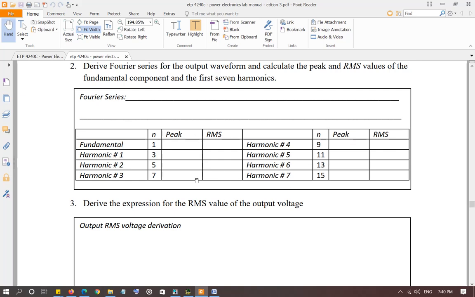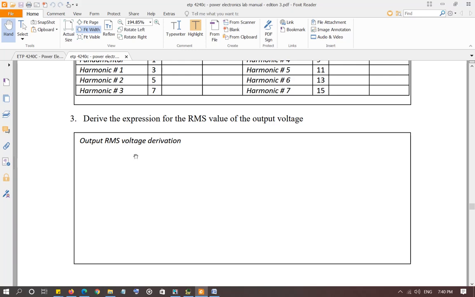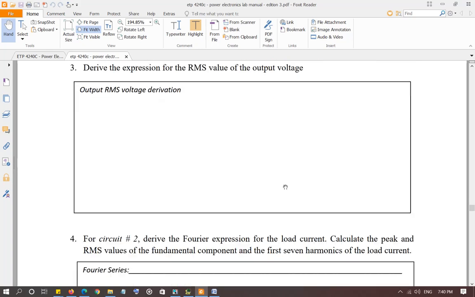Of course, since there are only odd components present in the Fourier series, the first harmonic corresponds to when n is equal to 3, and then 5, 7, and so on. And then derive the expression for the RMS voltage. Here again, if you would be doing it in the class, then you would have to show it here. Now this will be part of your lab report.